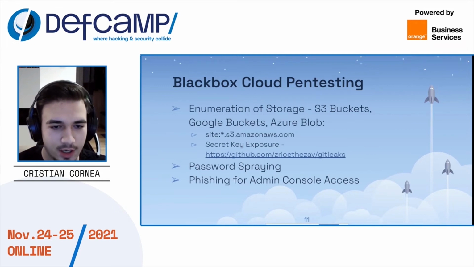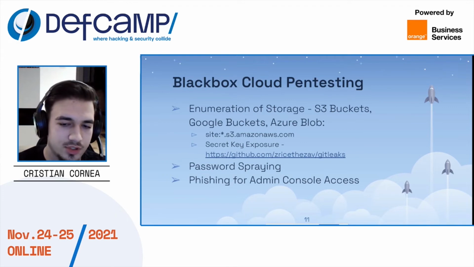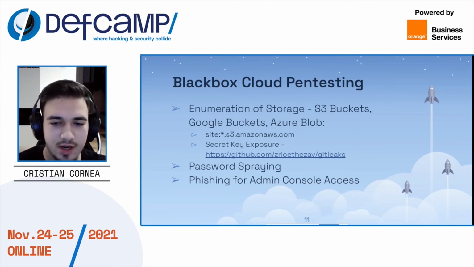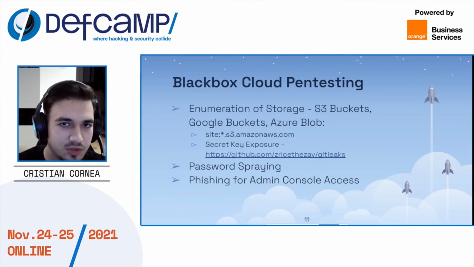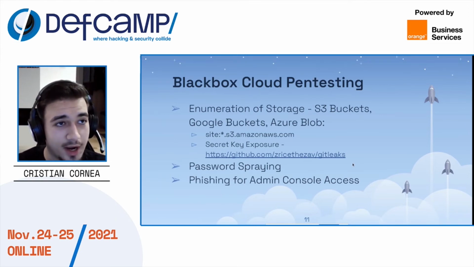And very important, we have to search GitHub repositories and the internet for cloud secrets leaks. You can do that with this tool, Gitleaks. Then we have password spraying on cloud accounts, and of course phishing for admin console access. So we phish users to get access to their admin console.